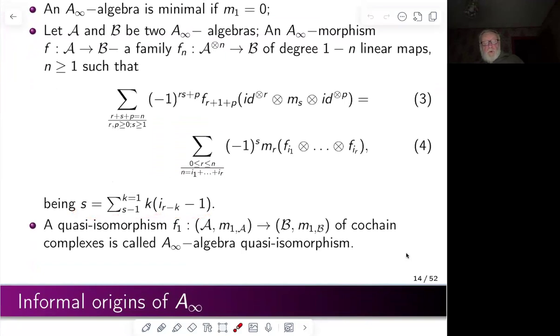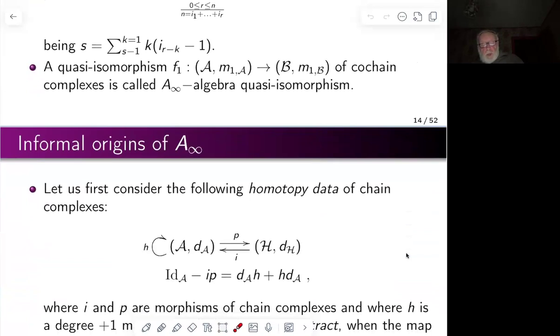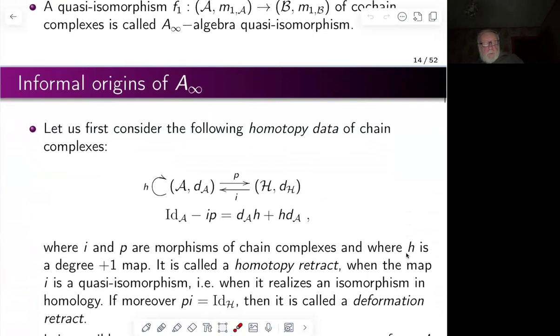It's a very formal definition. And we say that our map f sub 1 from A with differential m1 of A to B with differential m1 of B, you remember that m1 is always a nilpotent operator, gives a quasi-isomorphism of A infinity algebras if we have a quasi-isomorphism of these complexes with differentials m1 of A and m1 of B. So this is the notion transferred to A infinity algebras.